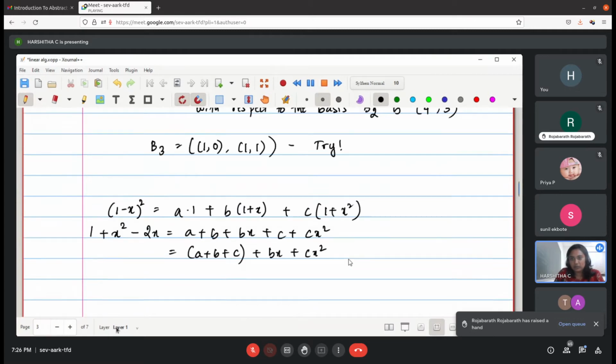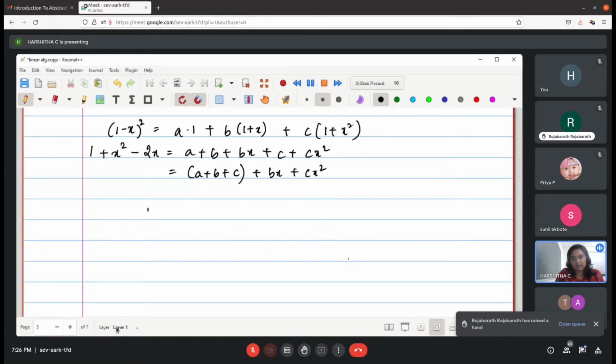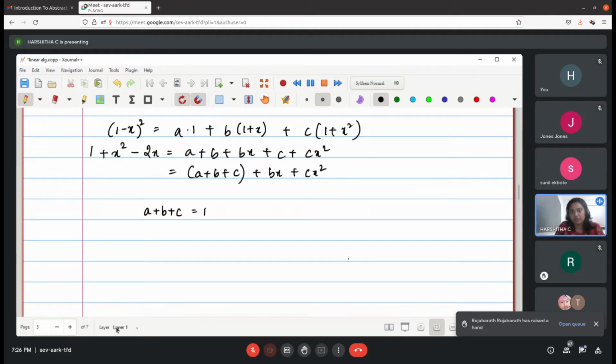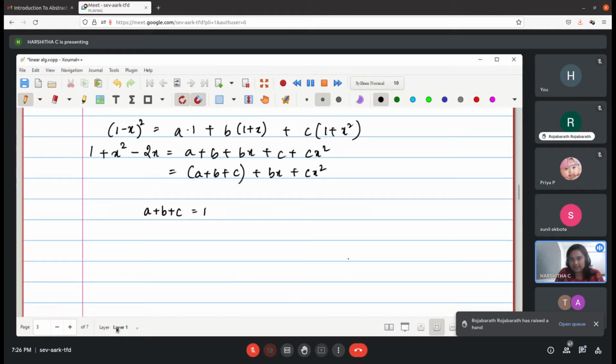Now you compare the two polynomials, right? So you have a plus b plus c equal to 1. The constant terms should be equal on both sides. The coefficient of x is b here and minus 2 here. So we get b equal to minus 2, and the coefficient of x square is c, which is 1. So using these two we can get the value of a. That gives the value of a to be 1 minus b minus c, which is 2.